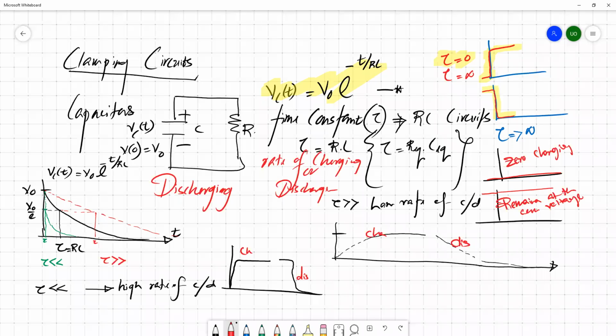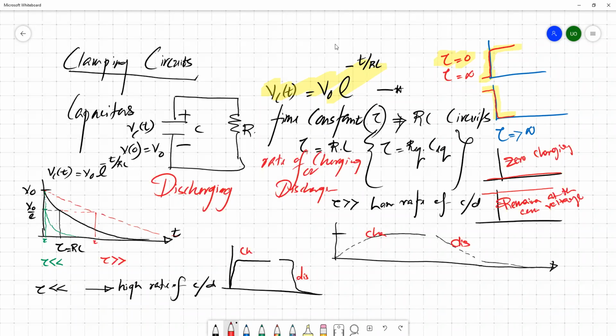At the same time, if the capacitor is charged to a certain level and the time constant is very high, you can assume there won't be any discharging through the circuit. If the capacitor has zero voltage initially, it simply stays at zero voltage.